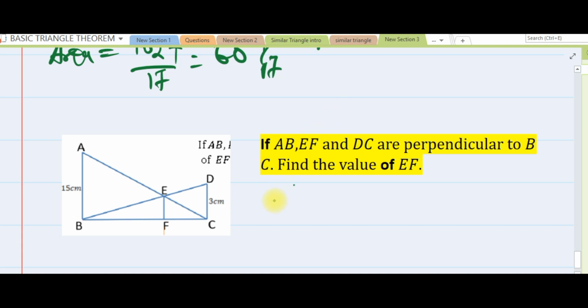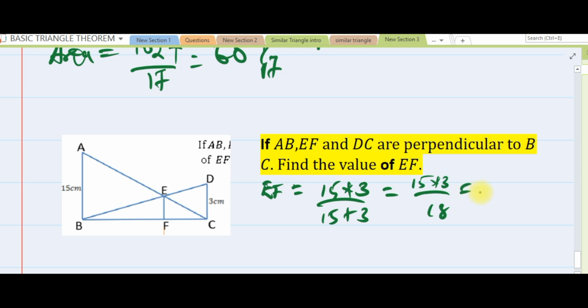Once you are given 3 parallel lines, AB, EF and the third, because they are 90, so they are parallel, the length of the middle one, EF, is just the product of the other two lengths over their sum. Yes, it's a very nice formula. So this is 15 times 3 over 18, which is 5 over 2.